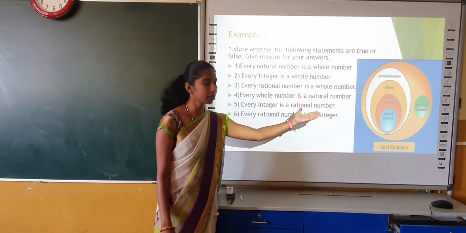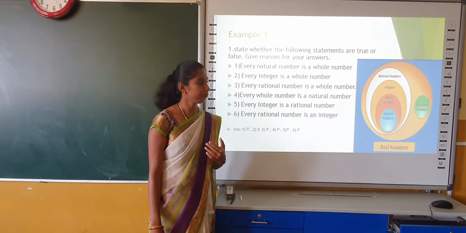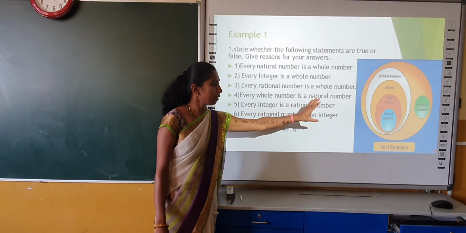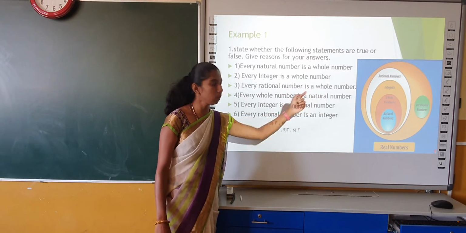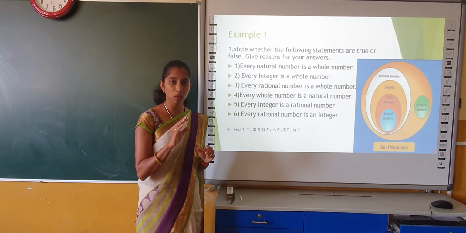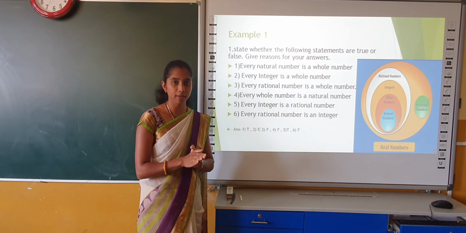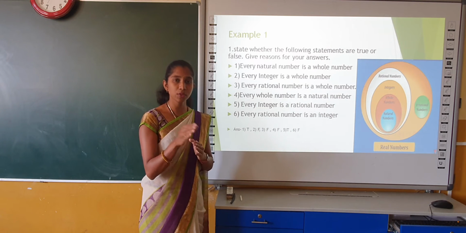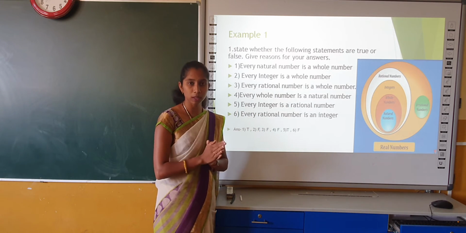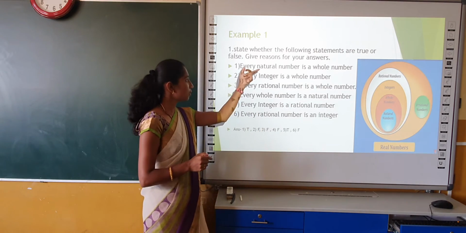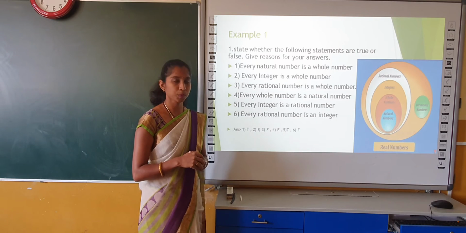By looking at the diagram, you can answer easily. Yes, inside the whole numbers, all natural numbers are there. If you consider one more, zero, then it becomes a whole number. So the first statement is true.